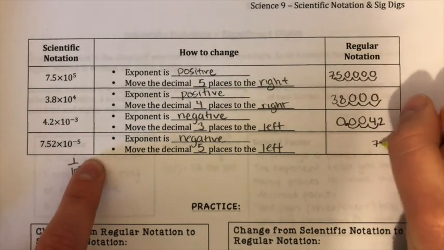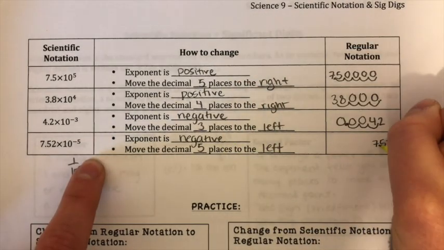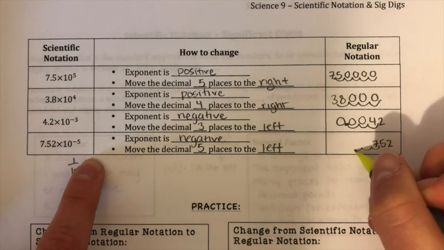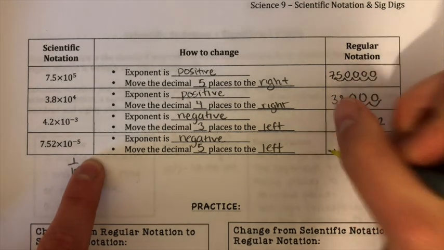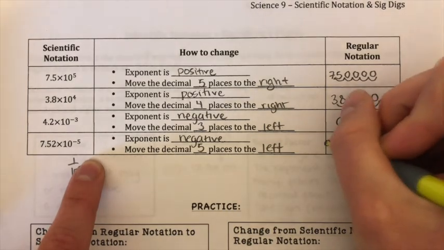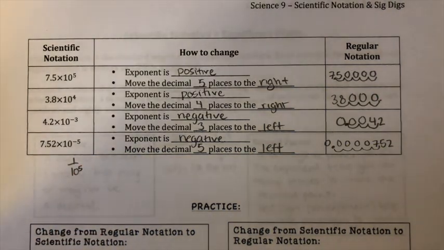So again, I'm going to write the 752 over here. Notice that my decimal is between the 7 and the 5, not the 5 and the 2, anything like that. So 1, 2, 3, 4, 5. That's where my decimal is going to go. I'm going to fill a 0 in and put a 0 in front. So that's a very small number.